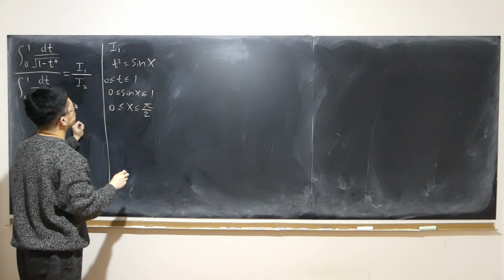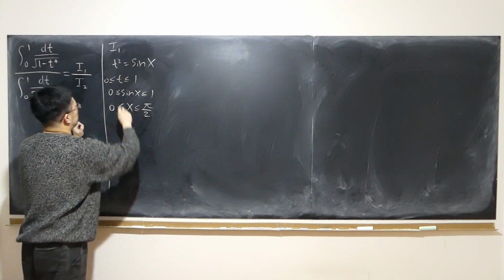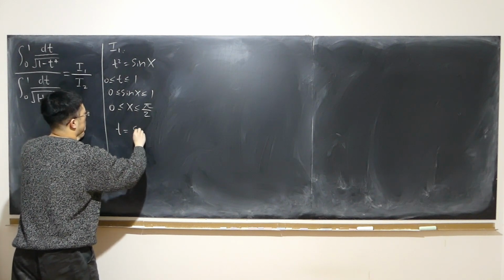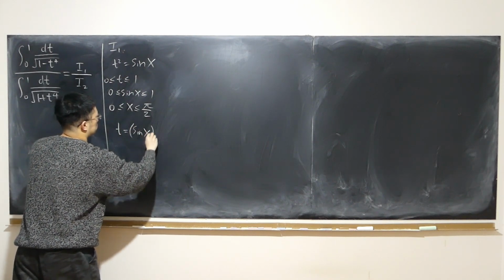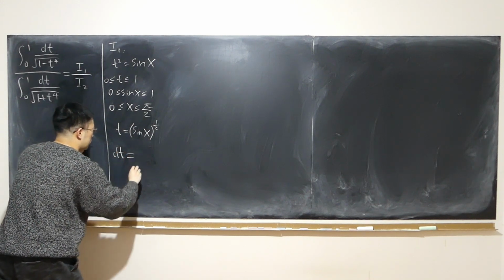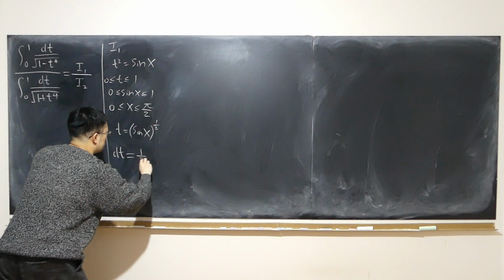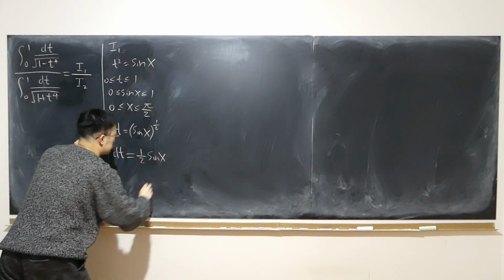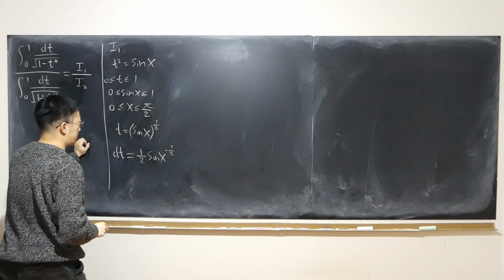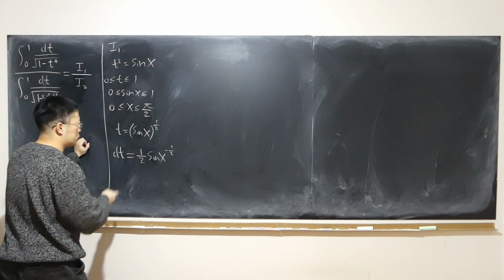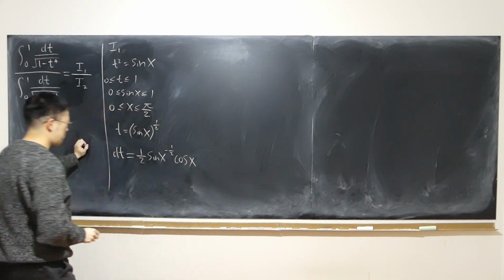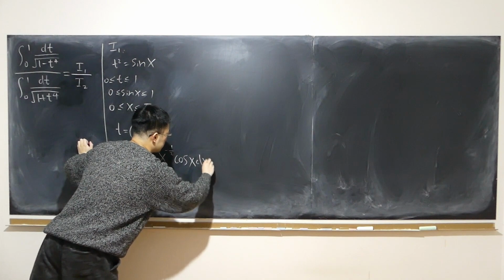Then that means t is equal to sine x to the power of half. Then I can easily work out dt. dt is half of sine x to the power of negative half, and then I'm going to use the chain rule times the derivative of the inside, that is cosine x dx, of course.